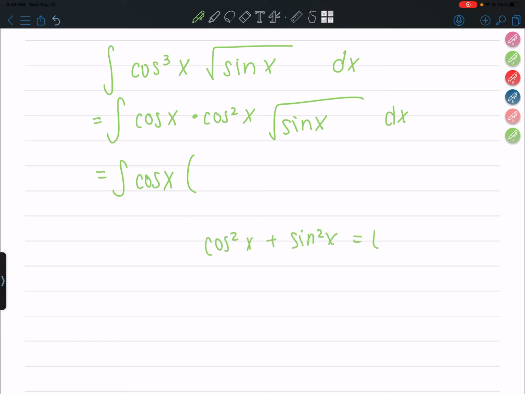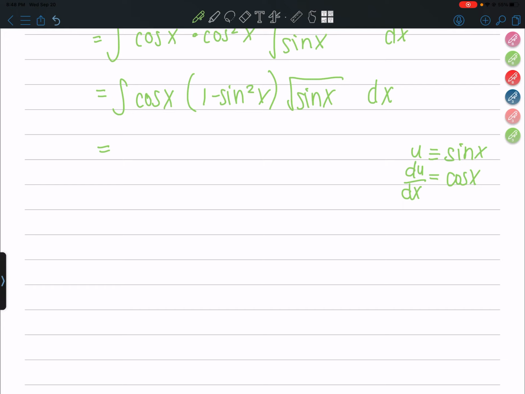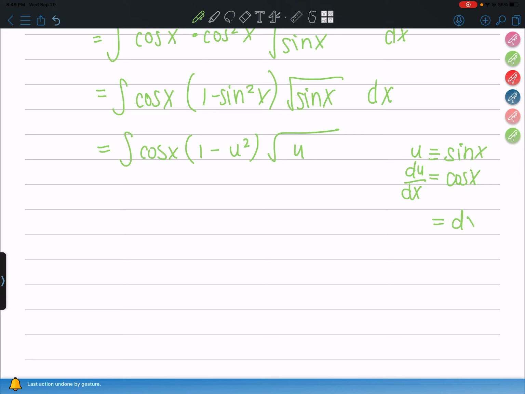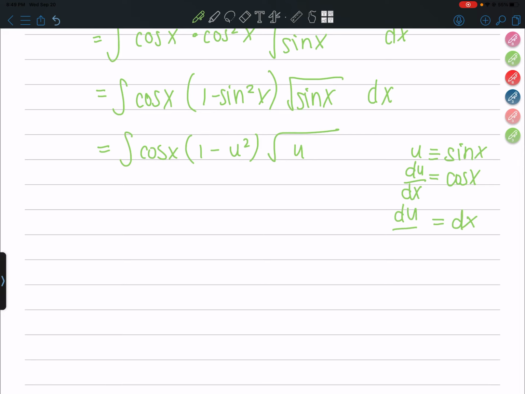Take the derivative, cosine x, okay? So let's first substitute everything for u squared, that's great, u, du, and then let's do this.